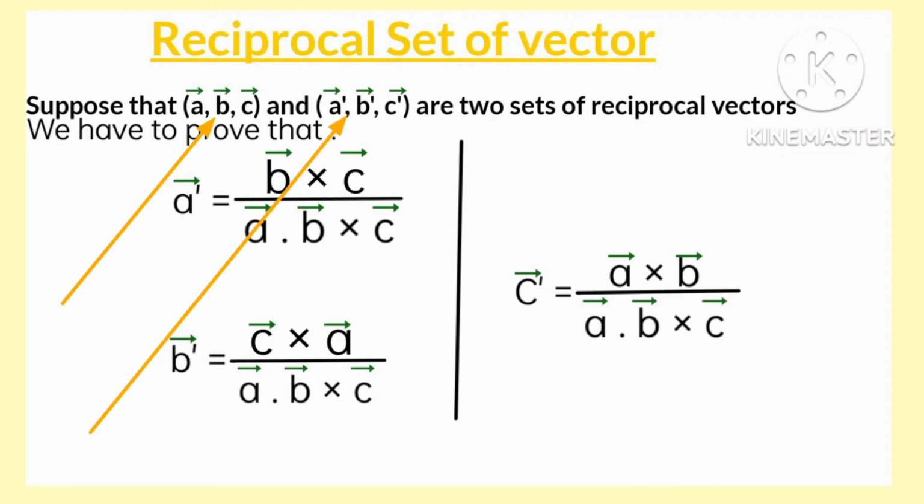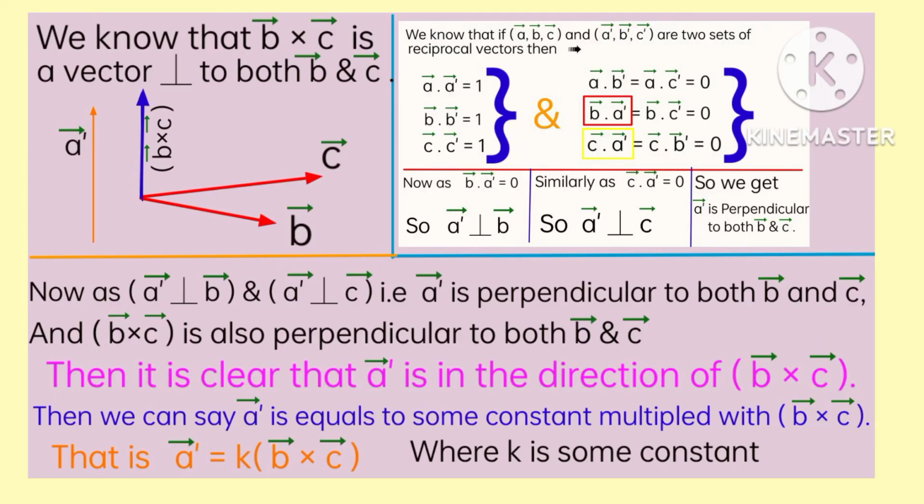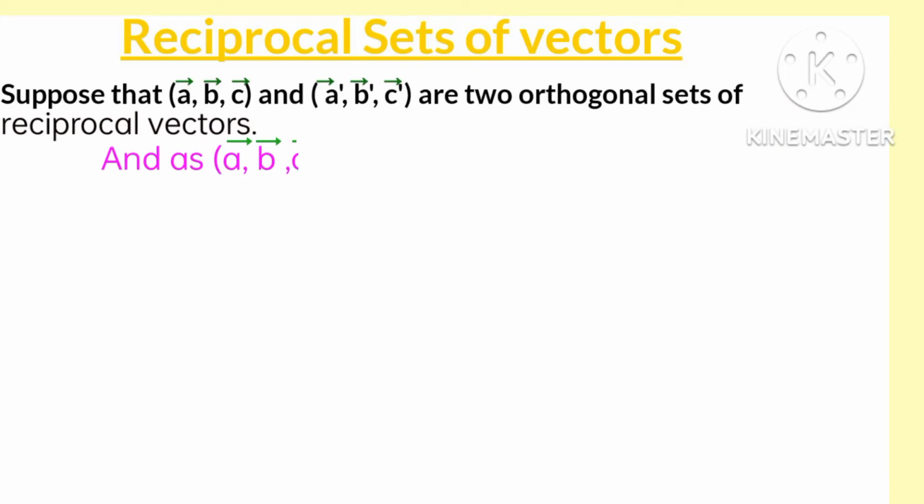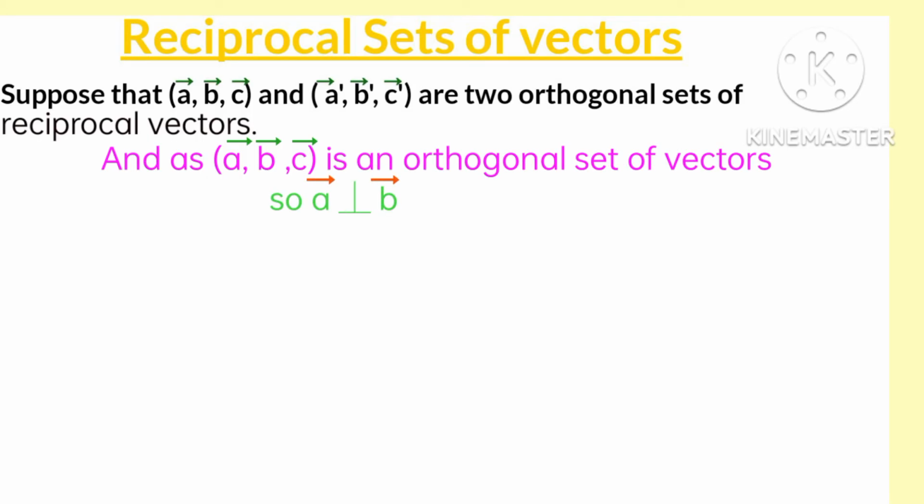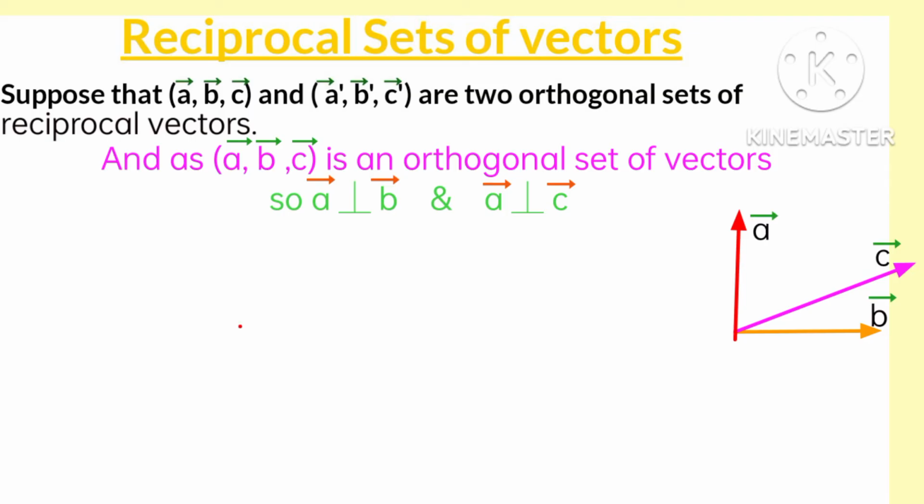Now you may have questioned why these sets are called reciprocal systems of vectors. See here, we have got before that A' is in the direction of B cross C. And as A, B, C is an orthogonal set of vectors, A is perpendicular to B and A is perpendicular to C. Here is the diagram where A is perpendicular to both B and C. Again, A' equals B cross C upon A dot B cross C for reciprocal system of vectors.